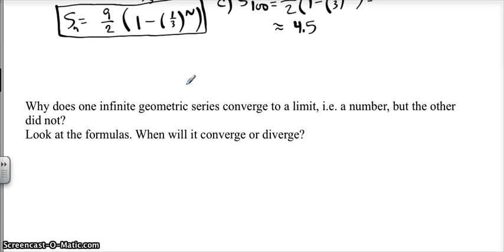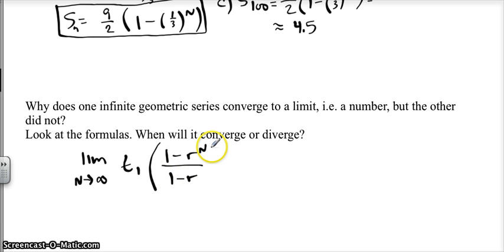Hopefully, you're seeing that the r value is making a difference. We're seeing that as the limit, as n goes to infinity, of a geometric series, t sub 1 times (1 minus r to the n power) over 1 minus r, if the r value is a fraction, that fraction basically ends up going to 0.